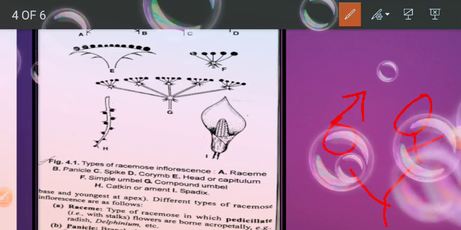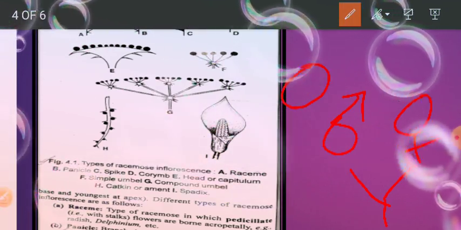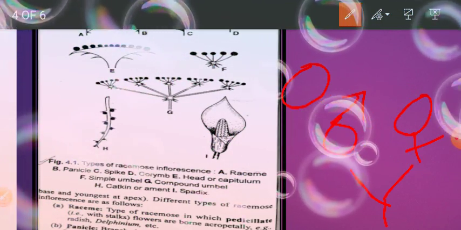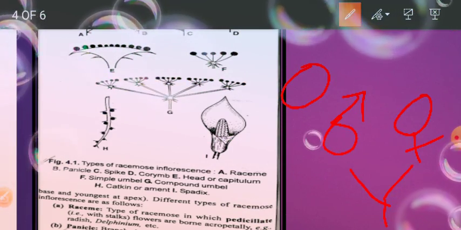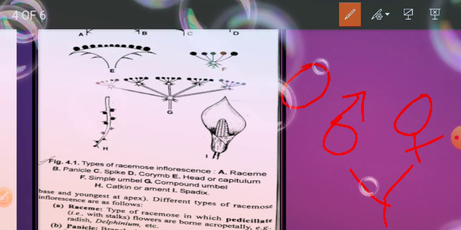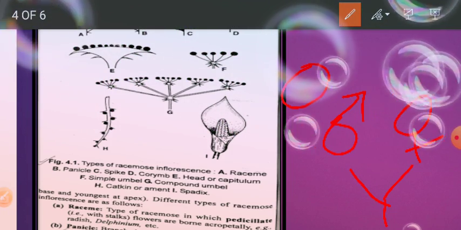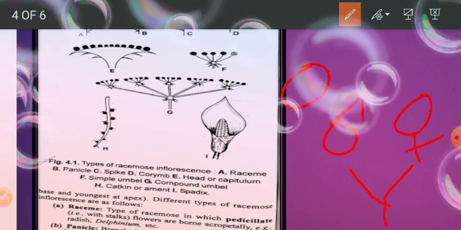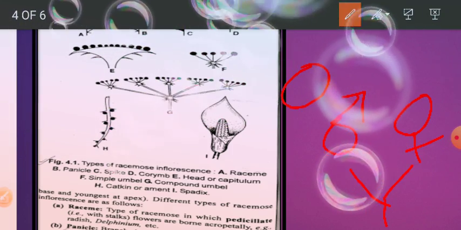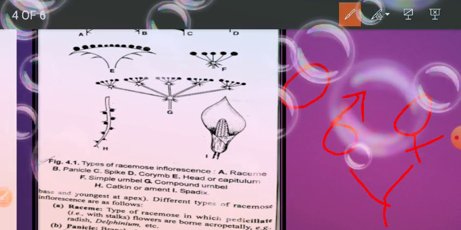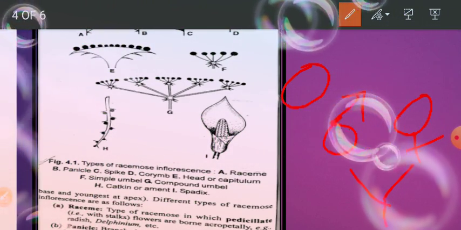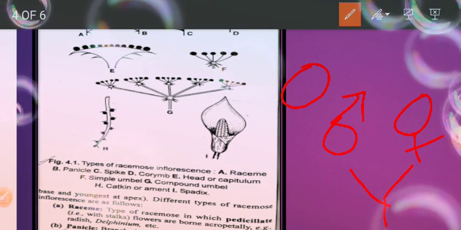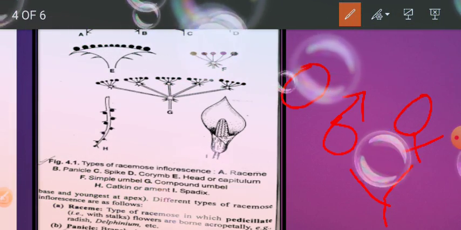In case of unisexual, there are male and female plants, they arise on different plants. So in case of the ament or catkin type, it is mainly seen in unisexual plants, acropetally borne, and found in the spike of the unisexual flower. So this is the catkin type or the ament type.